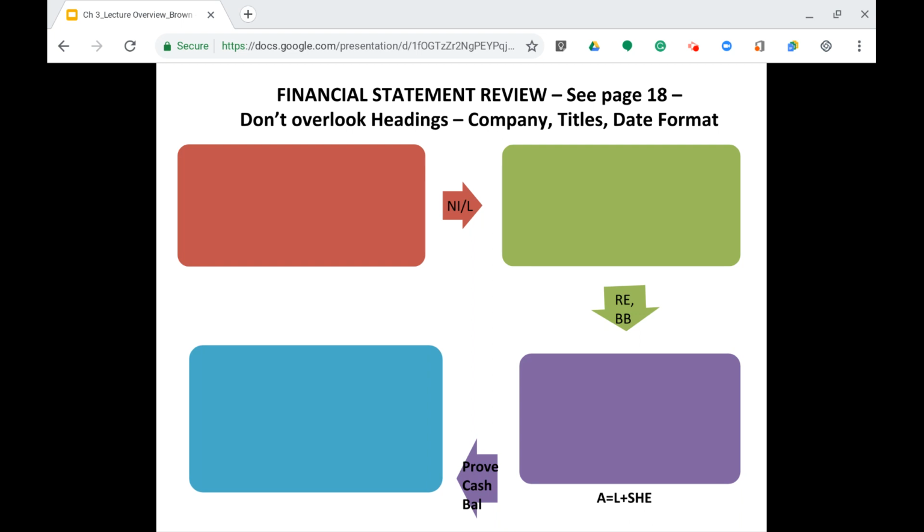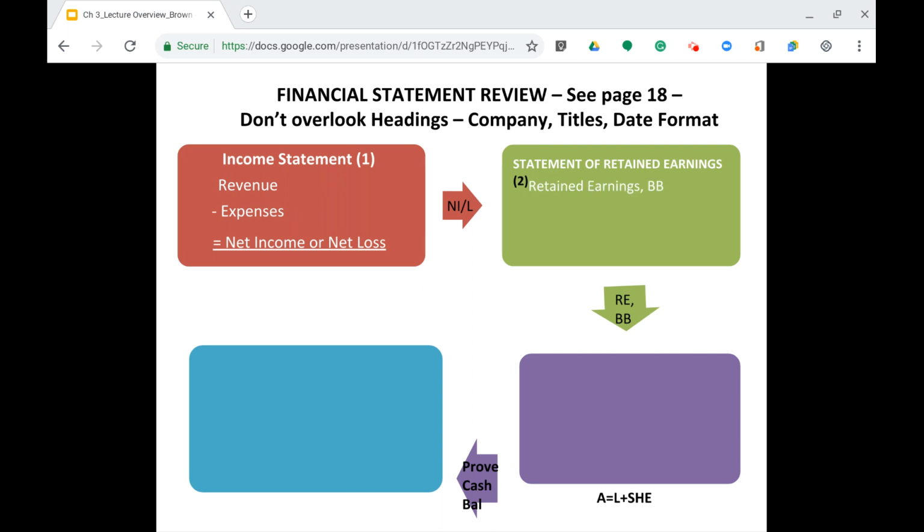So we always start with our income statement. The income statement has revenues and expenses that live on the income statement. The result of those are income or loss. Then we calculate our statement of retained earnings. To do that, we have to start with beginning balance in retained earnings. We have to bring over our net income from our income statement.